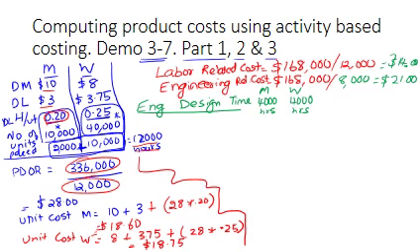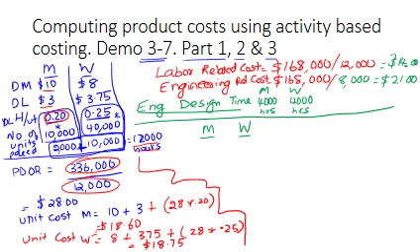Now the next step is to come up with what we know as the overhead cost per unit for M and W. So how do we do that? Now labor related at $14 per direct labor hour, and the expected activity is 2,000.